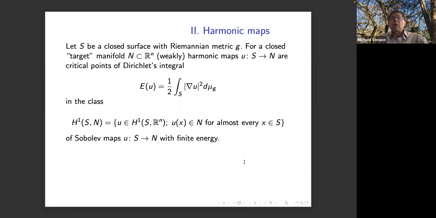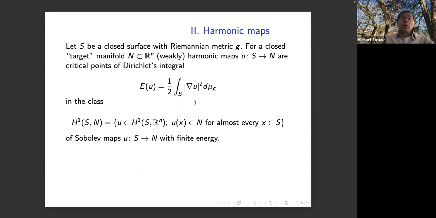So these maps are simply vector-valued functions defined on S, such that at every point on S, the value U of X is a point in N. So harmonic maps, weakly harmonic maps, are critical points, again, of the Dirichlet energy. But now, of course, U is a vector-valued function, and we're integrating with respect to the area measure given by the Riemannian metric G on the surface S.